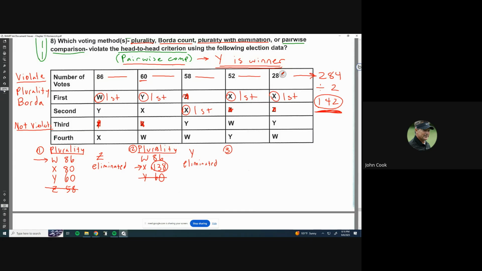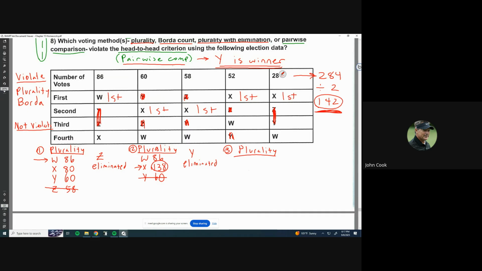So round 3 of plurality. All right, so we're getting rid of Z and Y now. So that means that this is first, and first.